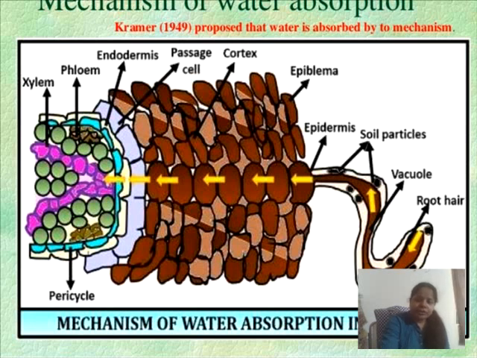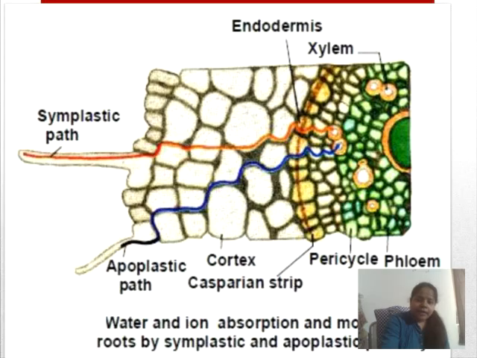Just a look into the apoplastic and symplastic pathway. Symplastic pathway, that is the living one. The living pathway involving cytoplasm, plasmodesmata and the living protoplast continuum. And the apoplastic pathway, the region interconnecting cell walls and intercellular spaces.